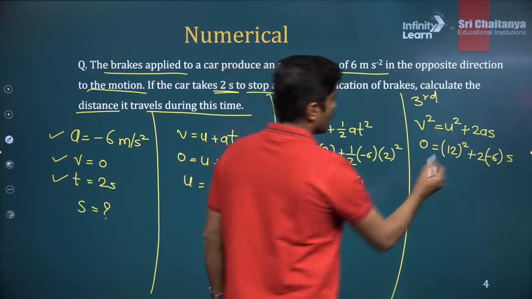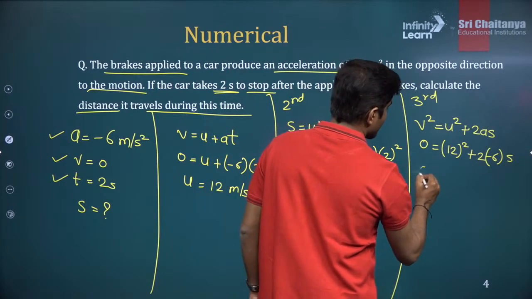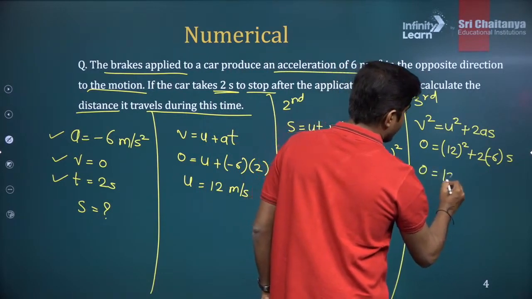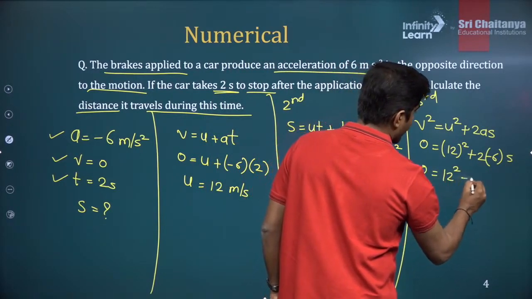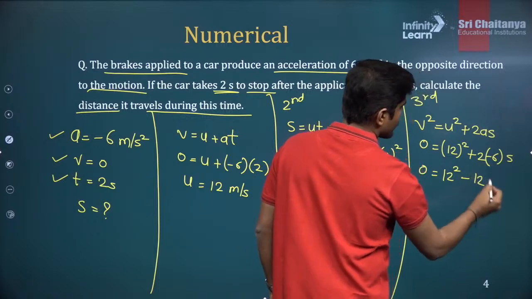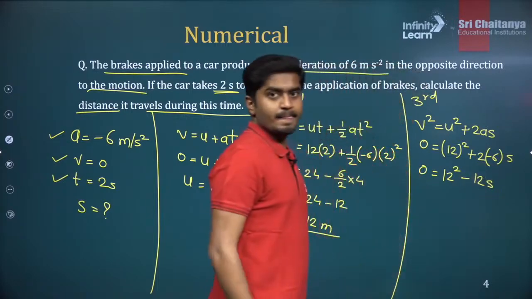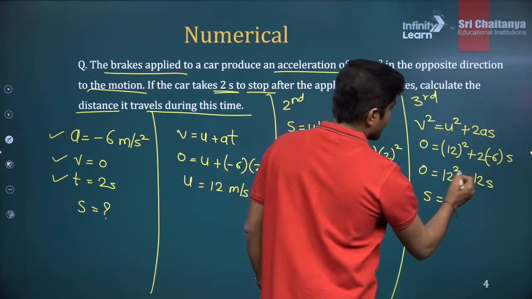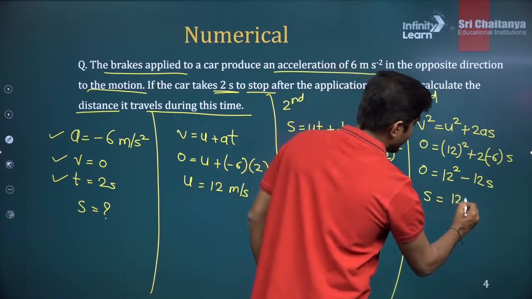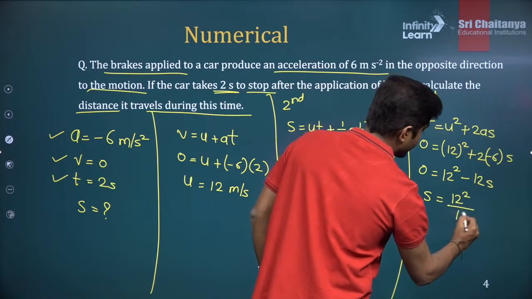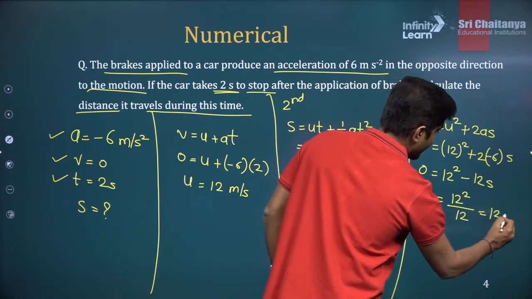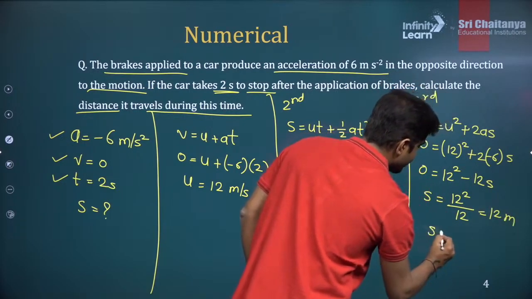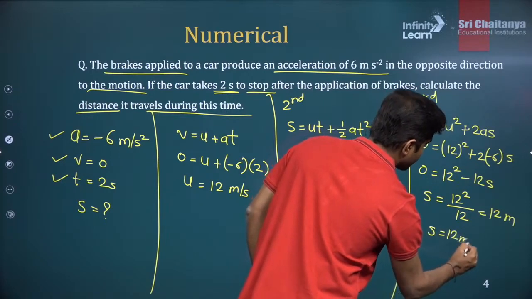Yes? So you can simplify this. So 0 is equal to 12 square minus 6 into 2 is 12 times s. So what is the value of s? S is simply, you take this 12 square divided by 12, which is simply 12 meters. So distance travel is 12 meters.